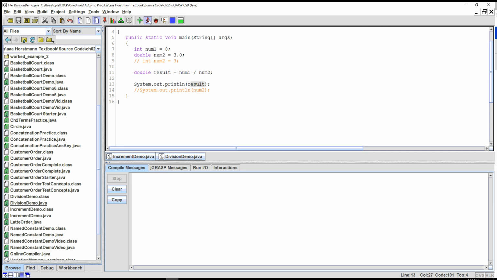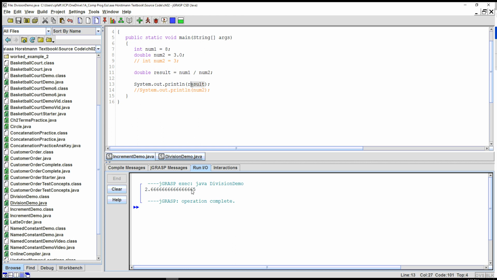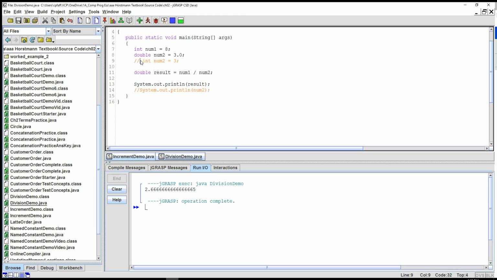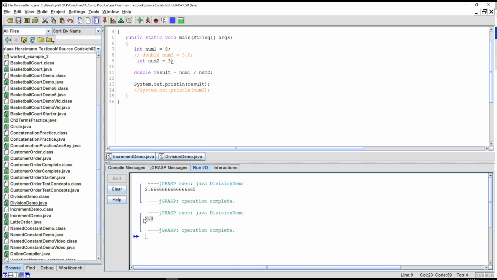And so we run this thing, and notice we get the 2.6666, right? Okay, so now if we were to take and divide it by an int, so 8 divided by 3, it has to be an int. And so we run that, and notice it gets a 2.